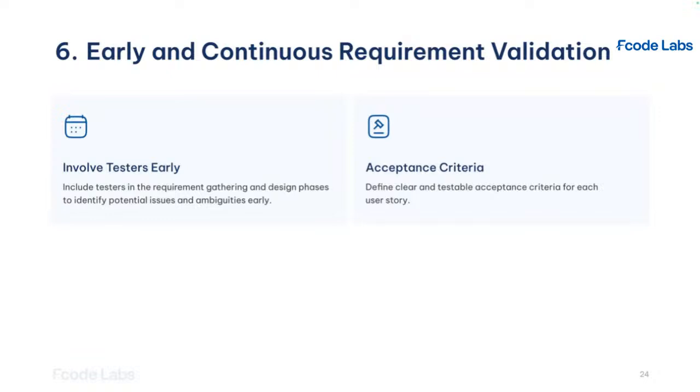Discuss what can be implemented as unit tests, what can be implemented as integration tests, and what can be implemented as end-to-end tests, and make sure all the aspects of the test pyramid are covered by the moment the product is about to release. So this is how we can make sure the defects, the bugs are found and eliminated as early as possible.